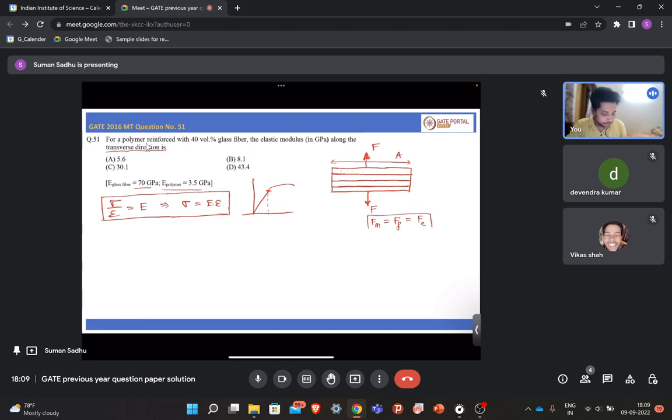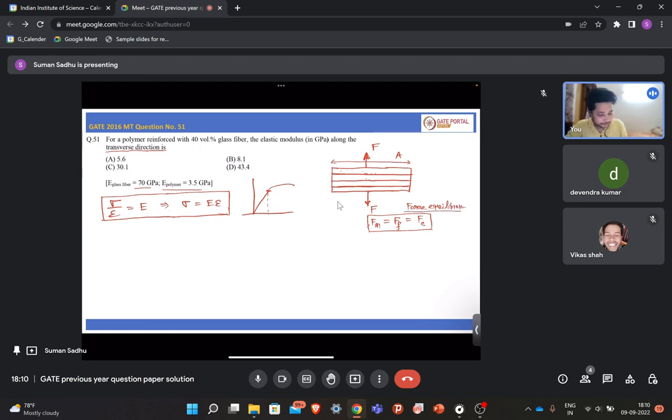Otherwise, what will happen if the forces are not equal? This area will break. So there should be a force equilibrium between the matrix and the fiber. From the force equilibrium, force on the matrix is equal to the force on the fiber, and equal to the force on the composite.